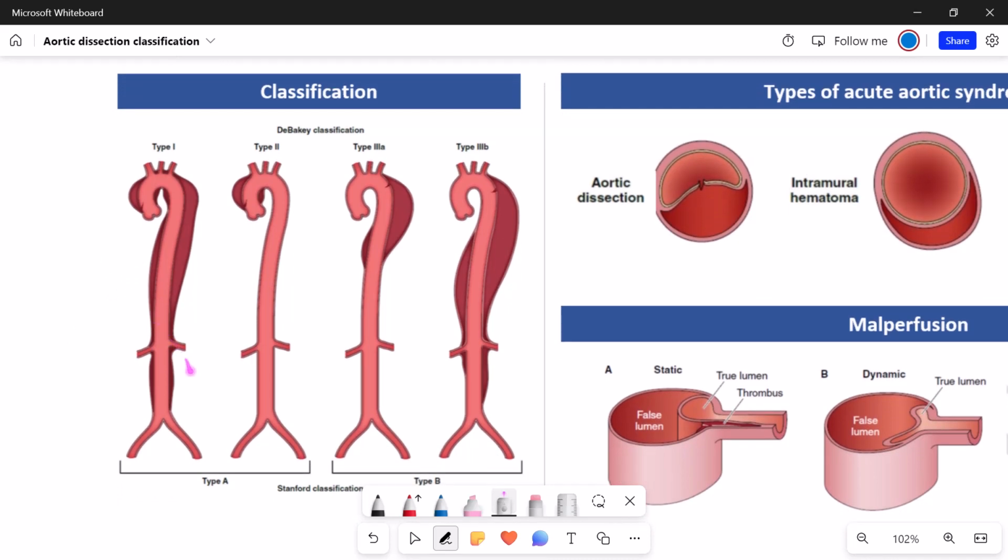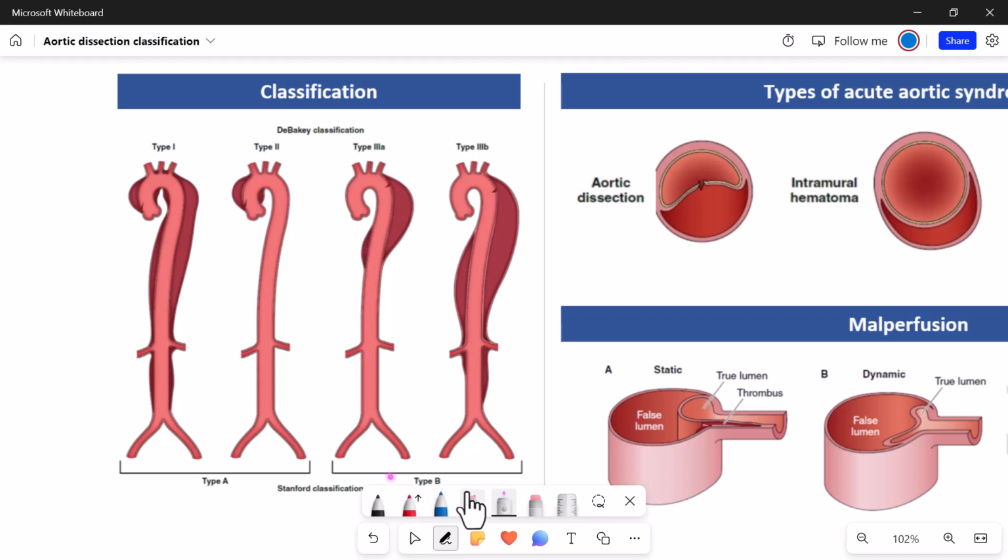So Stanford type A and B, this is the Stanford classification. Type A starts from the aortic arch, extends all the way in the type 1 DeBakey, and only in the type 2 DeBakey only in the ascending arch.